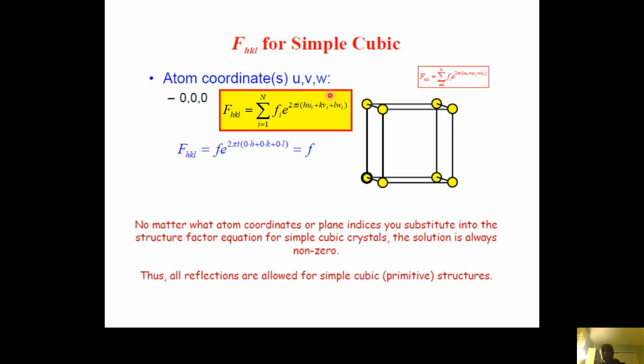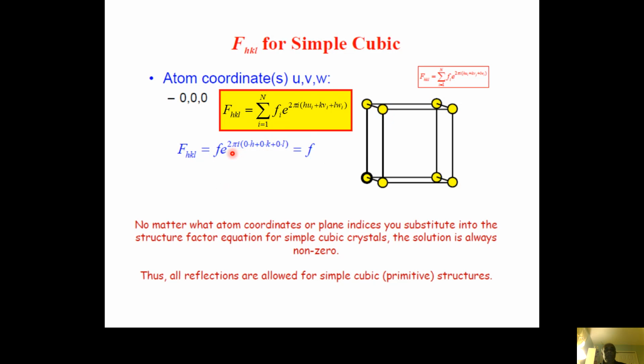Since you have only 1 atom in the unit cell, you can pick whatever coordinates. The easiest one to pick is 0, 0, 0. You can pick any point and you get the same answer. Using this relationship, your u_i, v_i, w_i are going to be 0, 0, 0. i goes from 1 to n, but n is 1, because there's only 1 lattice point or 1 atom.